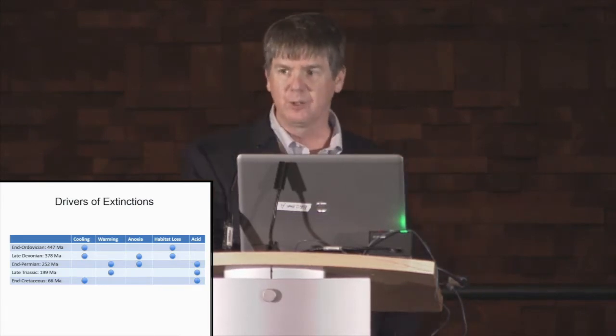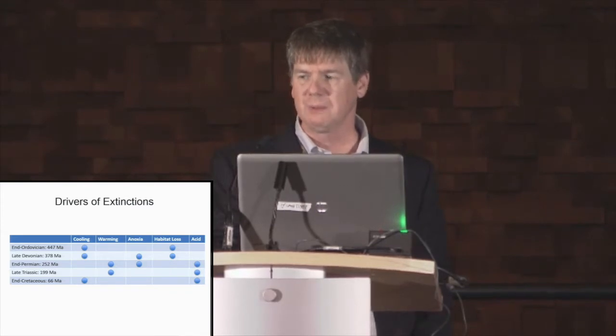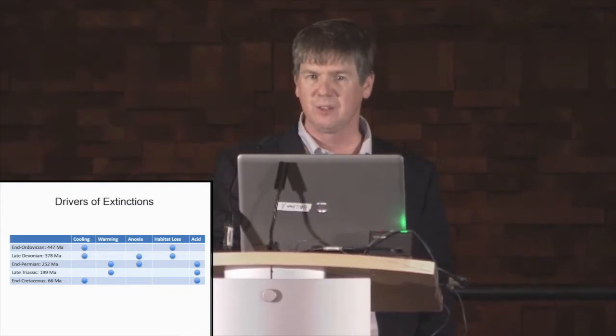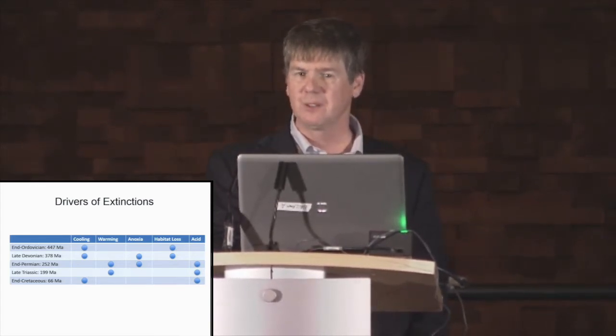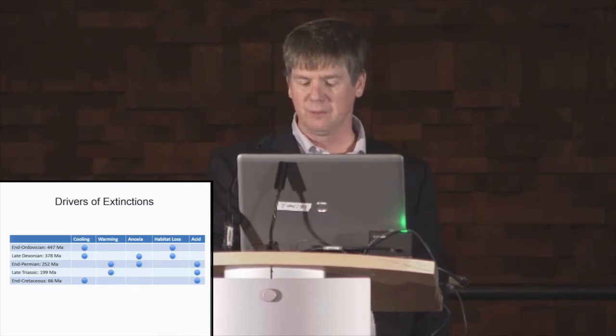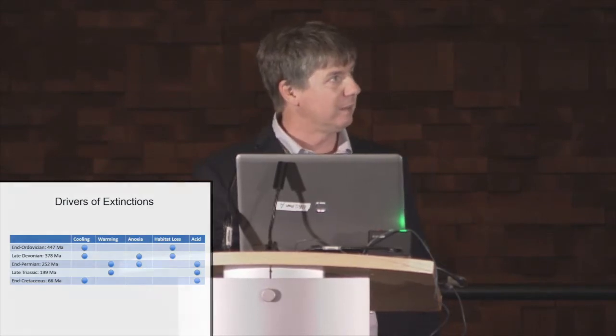And many years ago, Dave Jablonski wrote a paper looking explicitly at this issue of the distinction between mass extinctions and background events. And I think most people looking at mass extinctions operate on the assumption that there's something not only quantitatively but also qualitatively distinct about these biodiversity events.